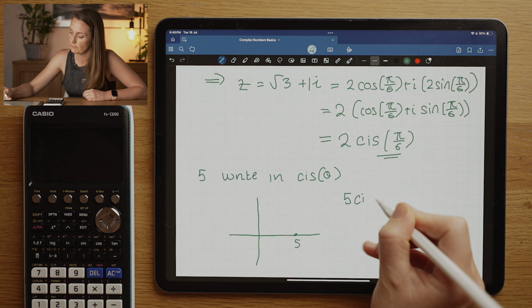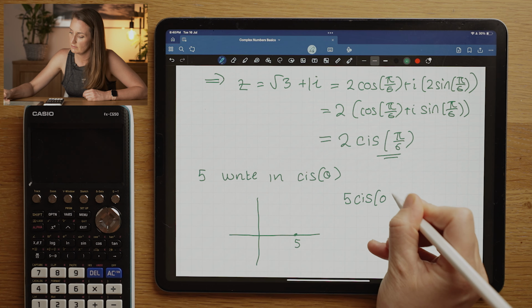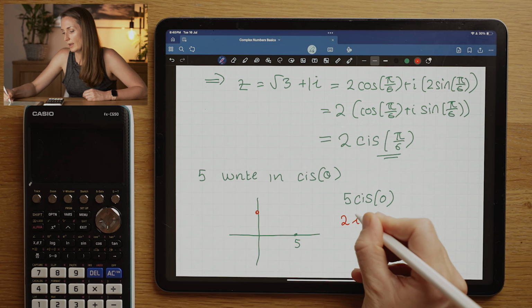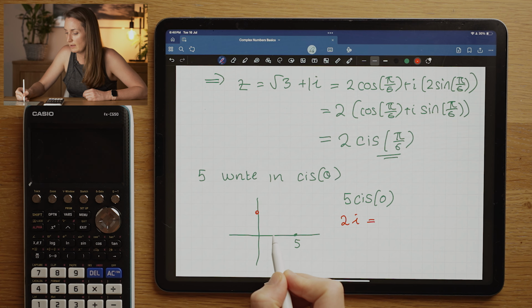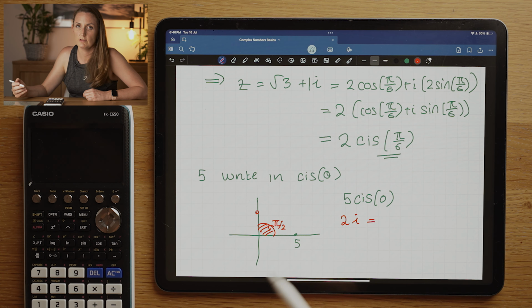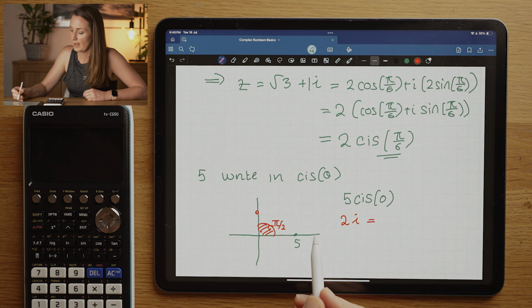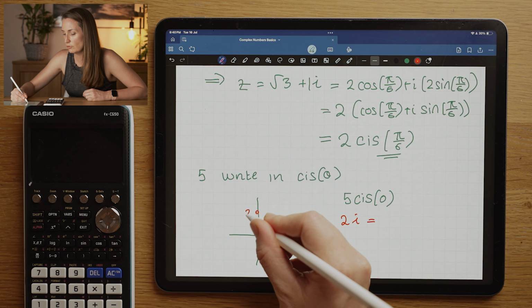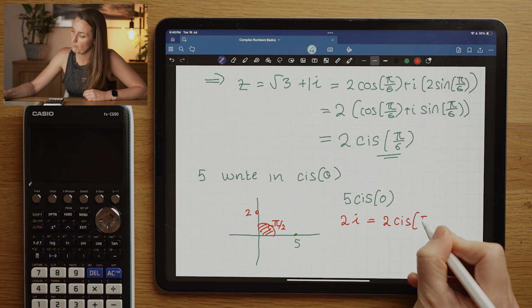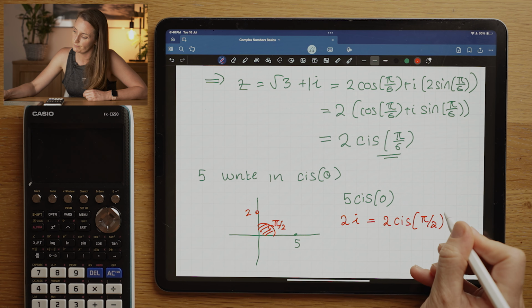So we could write this as 5 cis 0. If I had, for example, 2i, I would say that its angle would be pi over 2, measuring in an anti-clockwise direction from the real axis, and it would be a distance of 2 away from the origin. So I could say that that's 2 cis pi over 2.